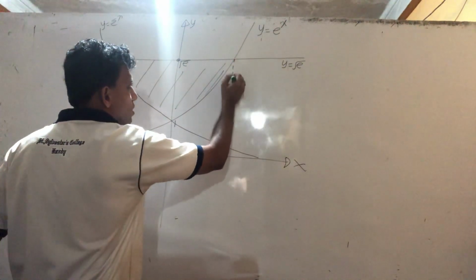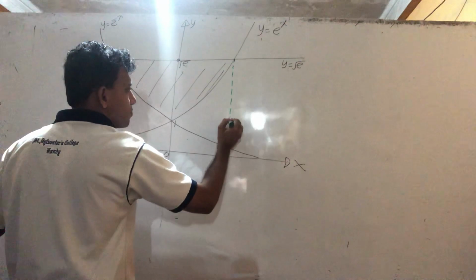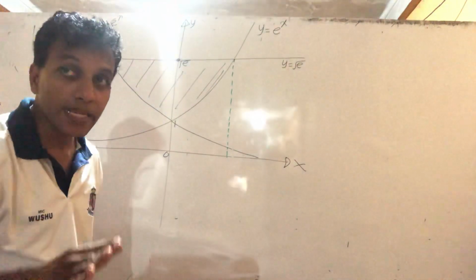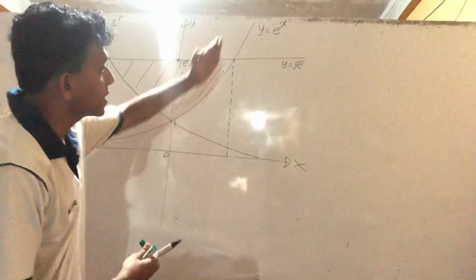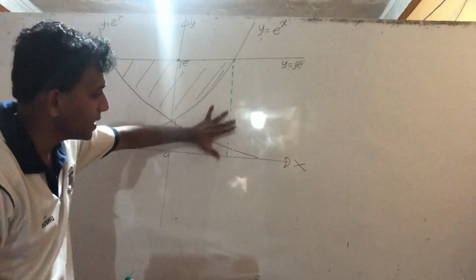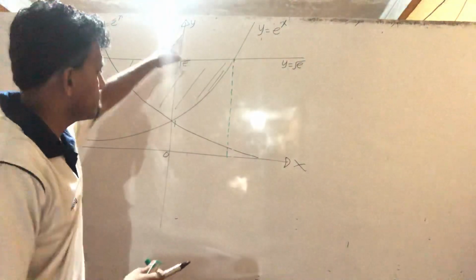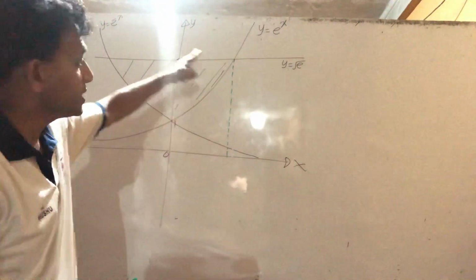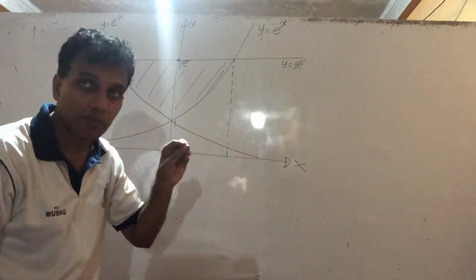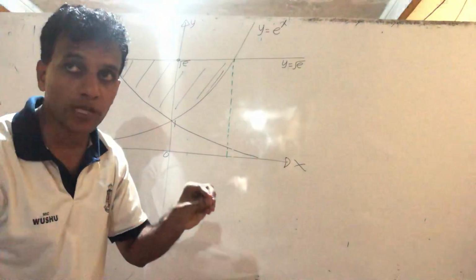If I mark here, what do we have in the syllabus? Area under the curve, right? This is the curve, and this is the area under the curve. This is a rectangle. What is the point? Intersection coordinates are important, that's primary work.